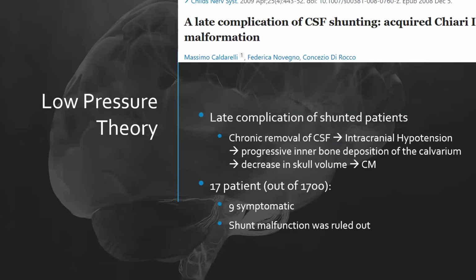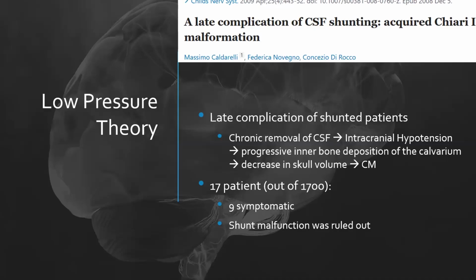The idea is that this chronic removal of CSF leads to an intracranial hypotension, that there's progressive inner bone deposition of the skull. And with this, there's a decrease in skull volume that basically leads to Chiari malformation with downward herniation. Now, this paper describes 17 patients, out of 1,700 patients with the Chiari. Only 9 were symptomatic, and they did rule out a shunt malfunction as well.